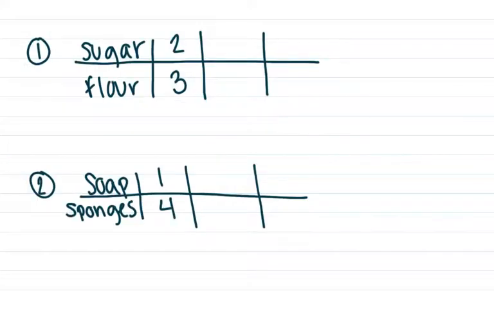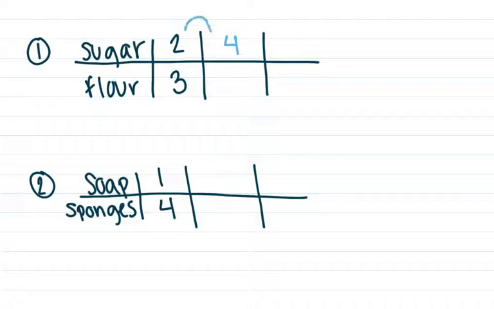So let's take a look at that. How can I fill these two ratio tables here with equivalent ratios? So number one, it talks about how we have sugar and we have flour. So every time that I have 2 tablespoons of sugar, I have 3 tablespoons of flour. So let's fill this up with equivalent ratios. What would happen if I had 4 tablespoons of sugar?